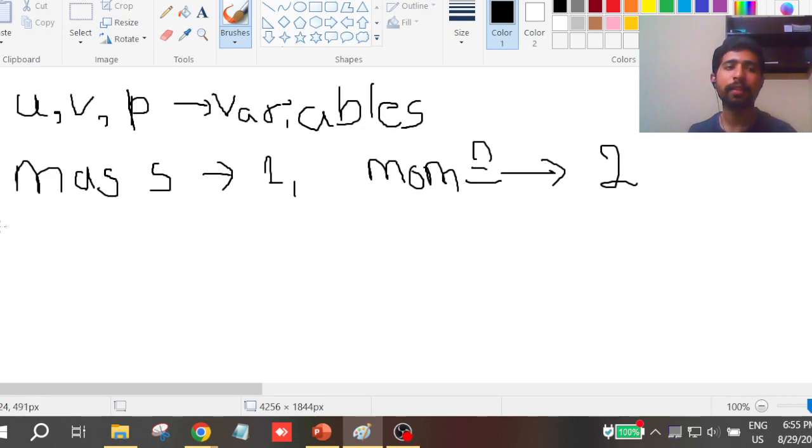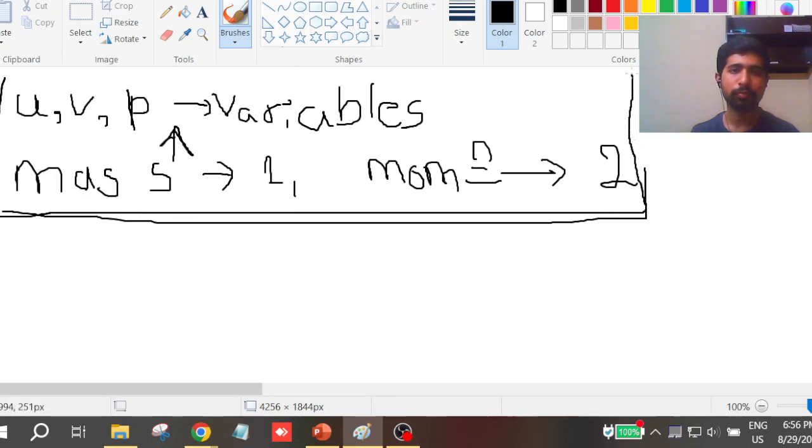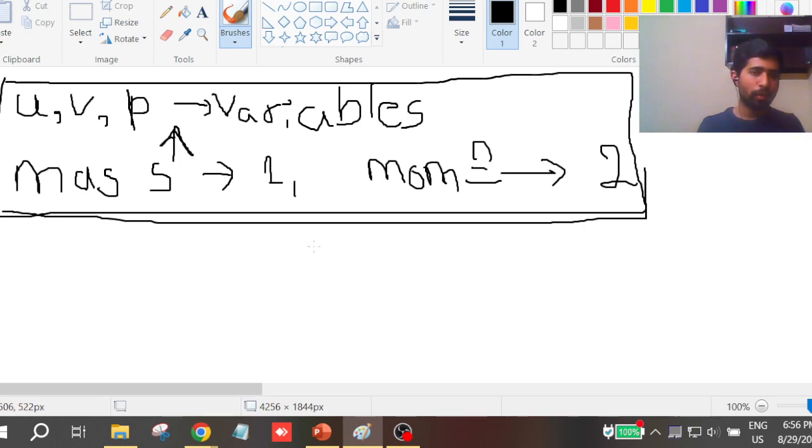There are many challenges in solving this. So I would like to know from you, what do you know about these challenges? Can you write down on the chat box what are the main challenges in solving this mass and momentum conservation to obtain these variables? What are the main challenges? Can you write on the chat box?